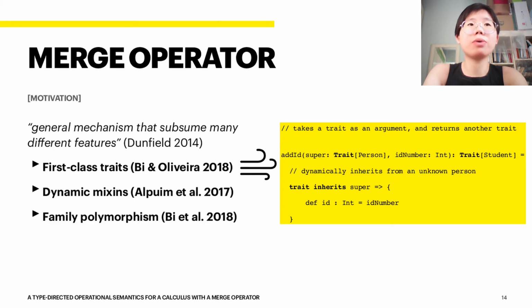Other object-oriented features that can be encoded via the merge operator include dynamic mixins and forms of family polymorphism. These highly dynamic forms of object composition are not available in current mainstream languages, such as Scala or Java.